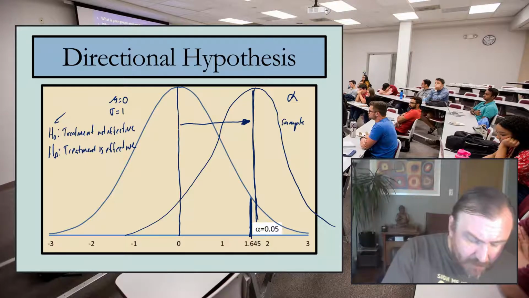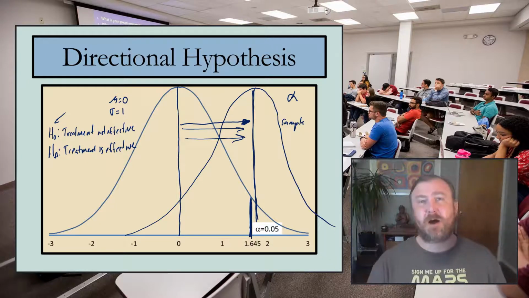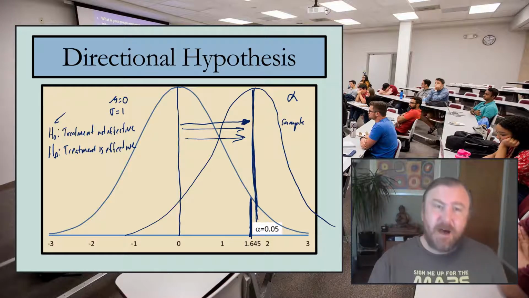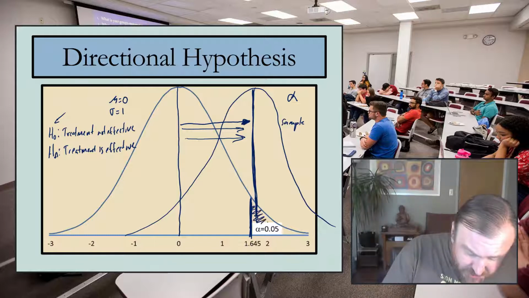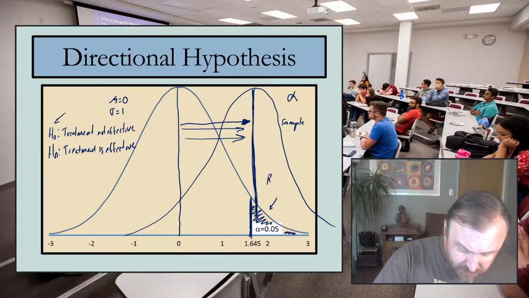And so whenever we can push this mean so far away from the null hypothesis population mean that it would only occur less than 5% of the time, right? So we're looking at this shaded region here down at the bottom. We call this the region of rejection.